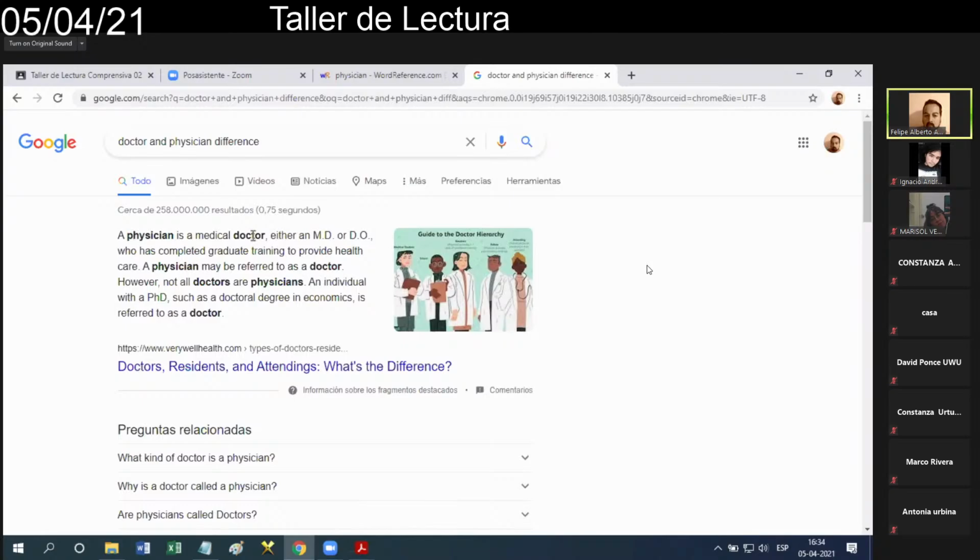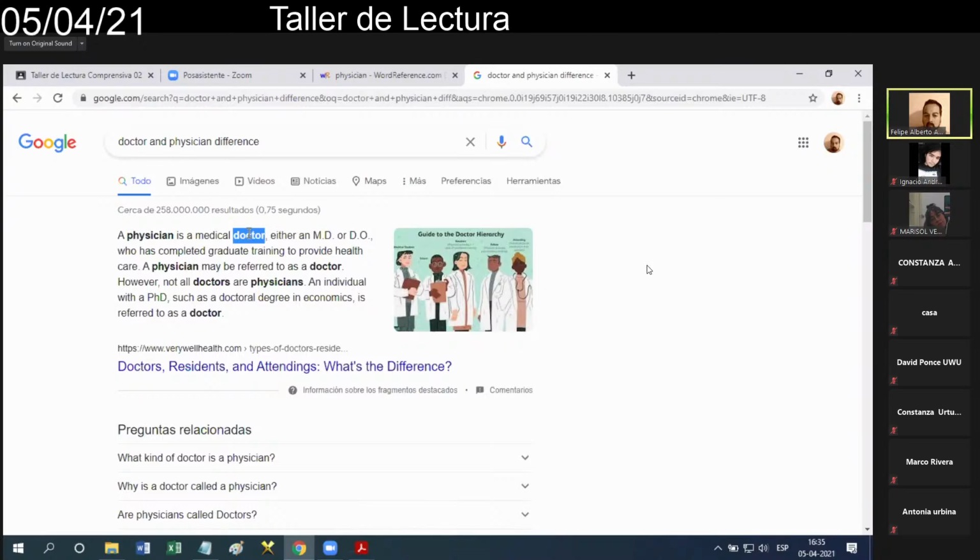Because a doctor also refers to something else. For example, a philosophy doctor, a doctor of engineering sciences, or a doctor in whatever, a doctor in architecture, and so on and so forth.